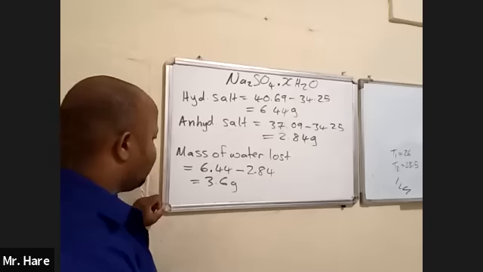To find the mass of water lost, sir, could you have used the mass of the crucible after heating minus the mass of the crucible and washing soda after heating?